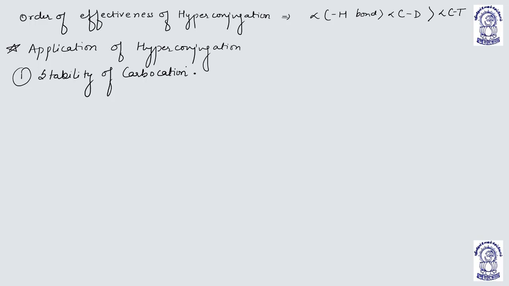The stability of alkyl carbocations is directly proportional to the number of hyperconjugating structures, which is directly proportional to the number of alpha hydrogens.